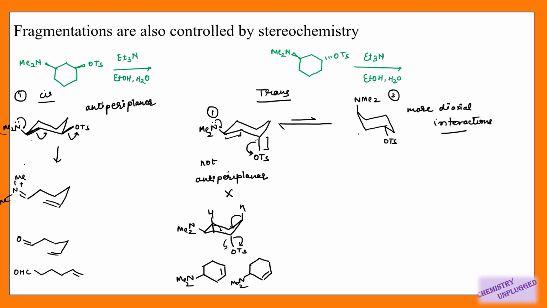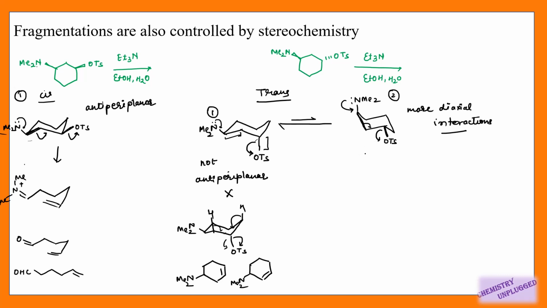In the other situation, which is less favorable, meaning we will get less amount of this type of configuration, we can do this fragmentation reaction. How is it possible? When this nitrogen provides electrons, this bond can break because this bond is anti-periplanar to this bond, right?